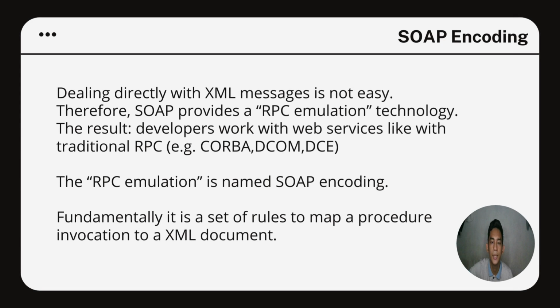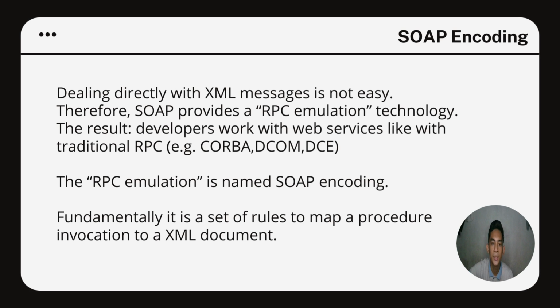SOAP encoding. Dealing directly with XML messages is not easy. Therefore, SOAP provides RPC emulation technology. As a result, developers work with web services like with traditional RPC, for example CORBA, DCOM, and DCE.